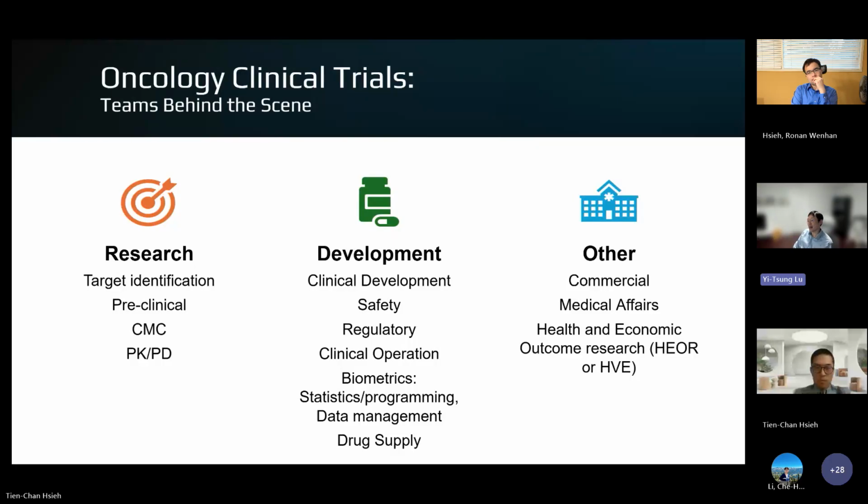So yeah, obviously, right? Commercial, selling the drug, is the most important outcome for any drug development. And medical affairs is important. They are our diplomats, right?